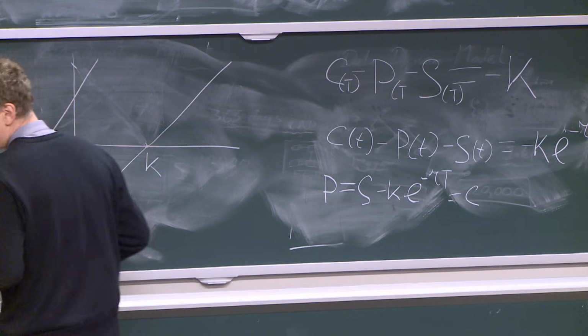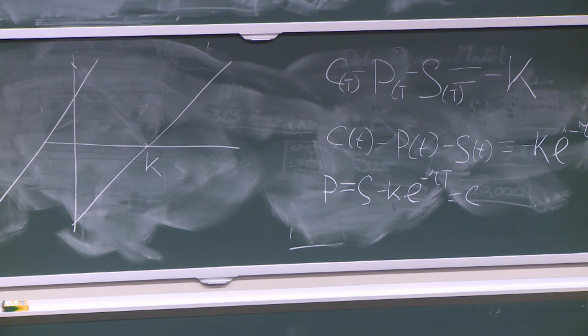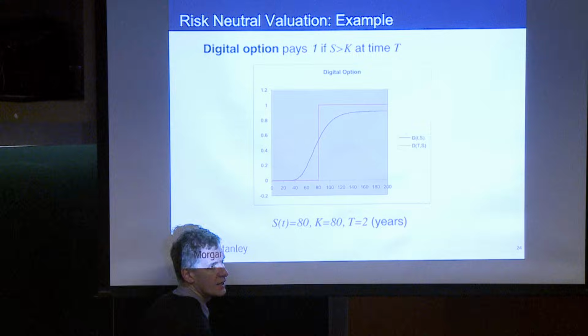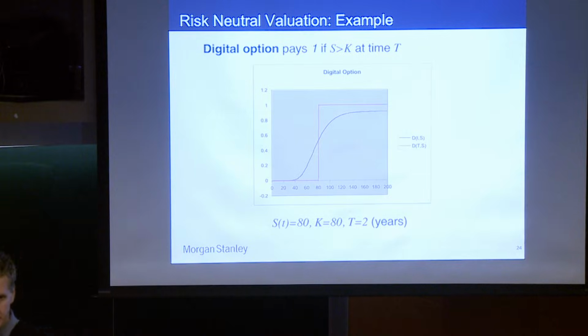Another example. So for this I have actually a picture. So again, we have the same situation. We have prices of calls, but instead of pricing a call, we want to price a digital. So what is digital? Digital is such a weird contract, whose payout is just a step function.